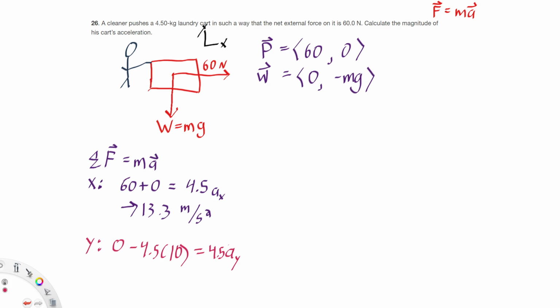When we solve for ay, the acceleration in the y direction, is this right? I mean, if you are pushing a cart along the floor, does it sink into the floor due to its own weight? Yeah, no, that doesn't happen.